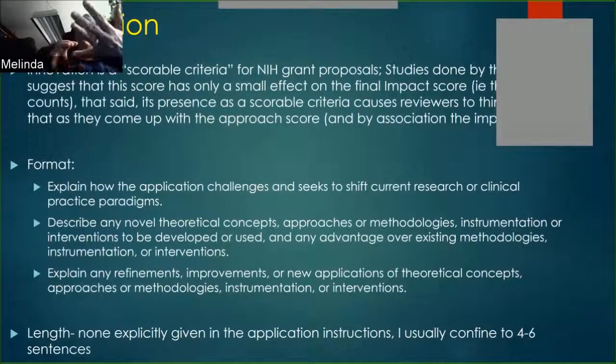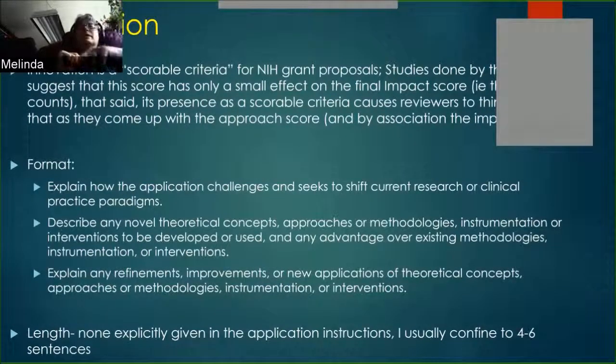And the criteria are innovation, approach, environment, investigator, and there's another one that I just drew a blank on.